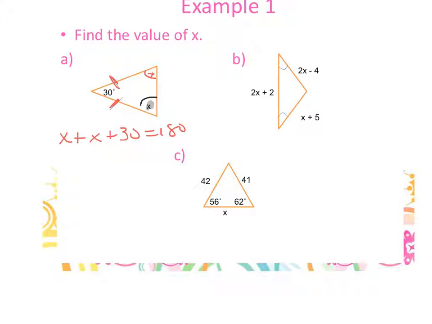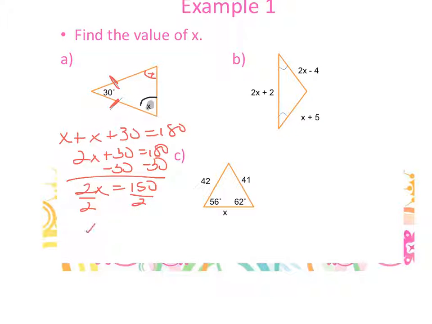I could write out a whole equation. Everybody with me on that? So then I would get 2x plus 30 equals 180. Subtract the 30: 2x equals 150. Divide by 2, and x equals 75.